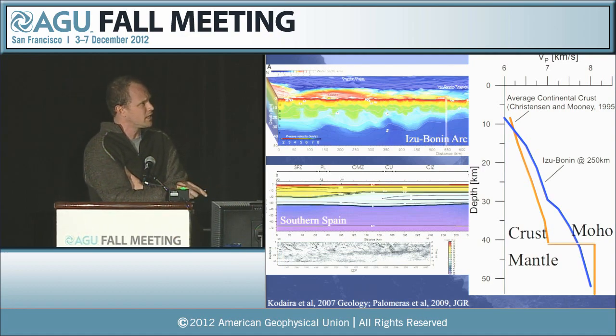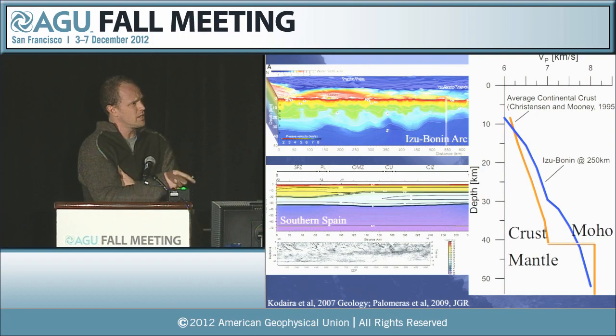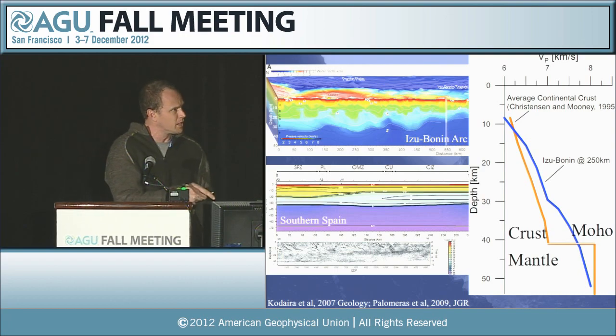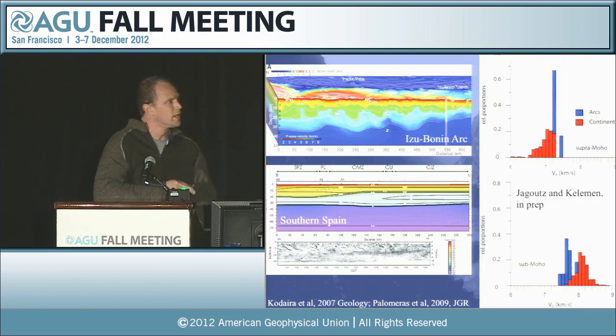And so I just read out the seismic characteristic of the Izu-Bonin around 250 kilometer arc length here, and that is this blue line here. And you see that on average, the lower crust in arcs seems to be faster than the lower crust in continents at the same depth, and then they seem to be a bit slower in the mantle.